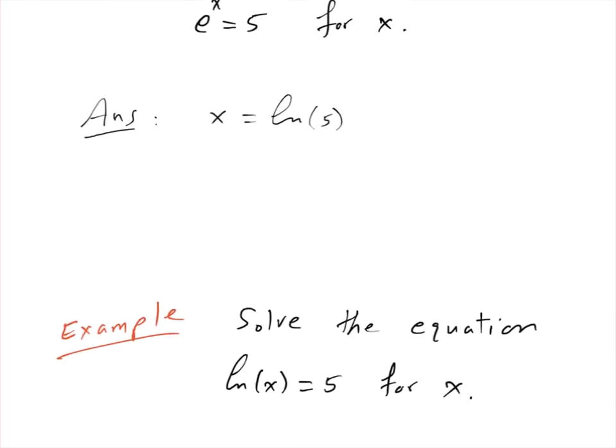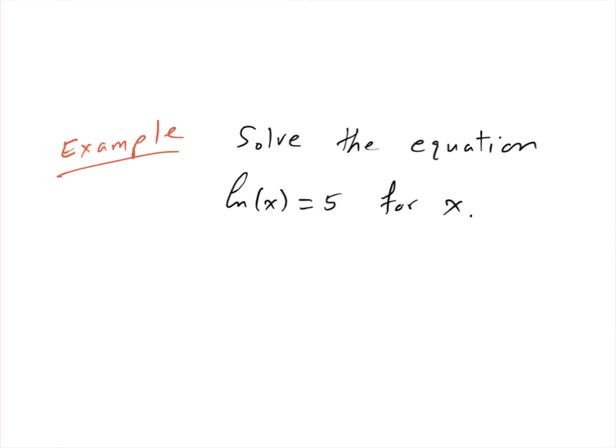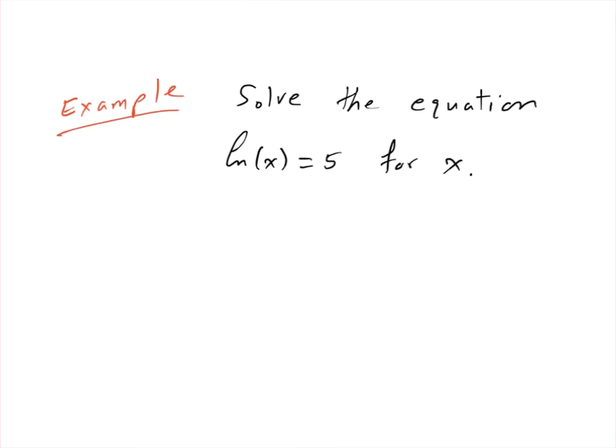So here's another example. We are solving this equation for x. So we want to know what x is. So this is ln of x equals 5. So we can just switch to the exponential function and say x equals the base of this logarithmic function.